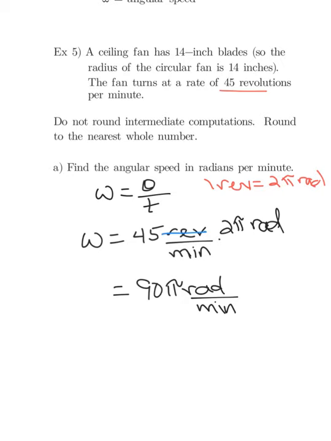So if you take that 90 times pi, you're going to get 282.74. And then it says to round it to the whole, so we're going to say approximately 283 radians per minute.